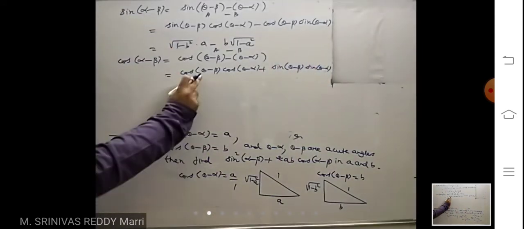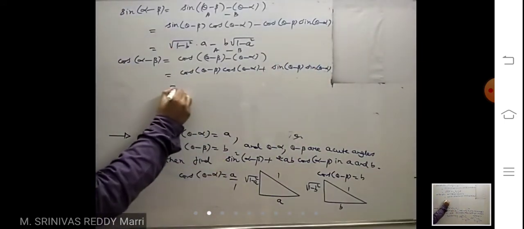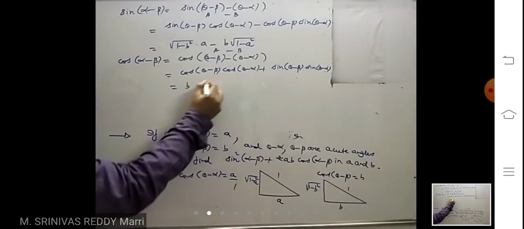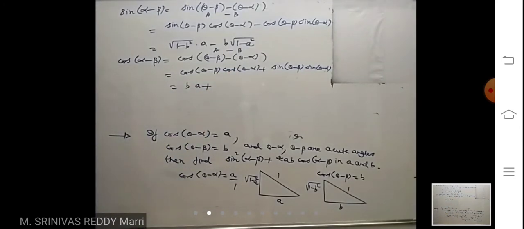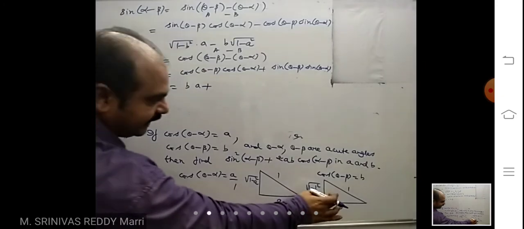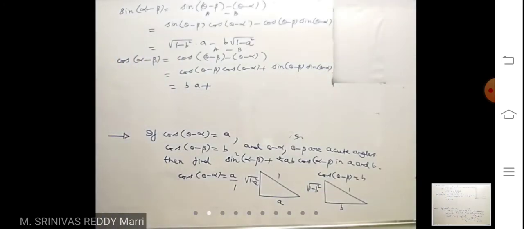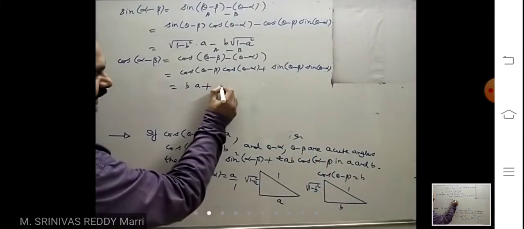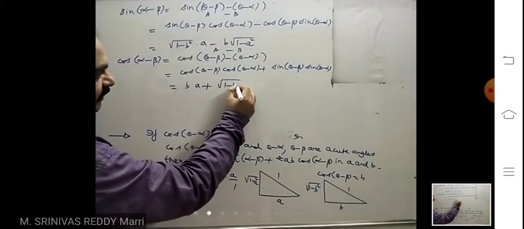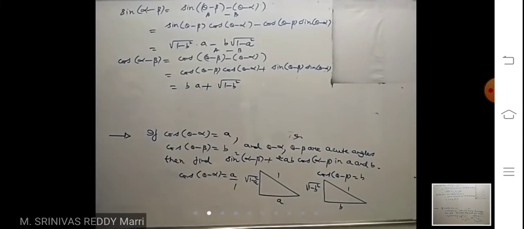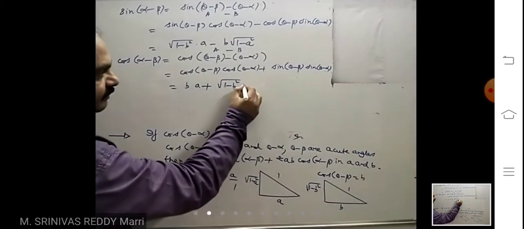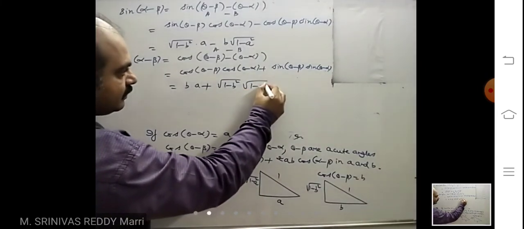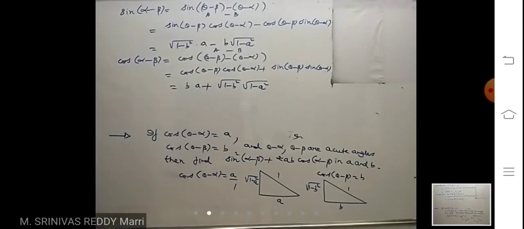Now look at, cos of theta minus beta is given as b, so this is given as a plus sine of theta minus beta from this triangle. From this triangle, sine is root of 1 minus b square divided by 1. Sine of theta minus alpha from this triangle. So this value you got, this value you got.